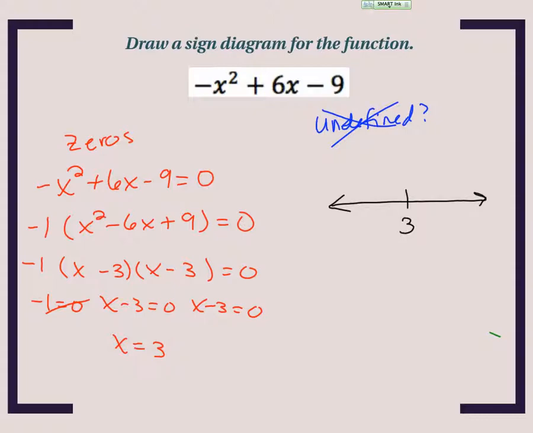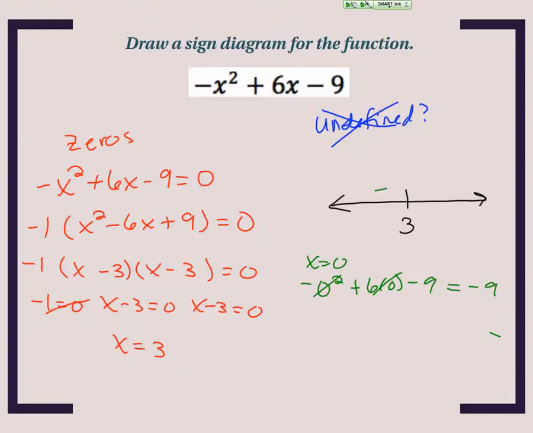So then once again, we've got to pick numbers that fit on either side. Are we okay? So for a number that's less than 3, I'm going to go with 0 because that's going to be so cute. This is 0, this is 0. It equals negative 9. So that's a negative.